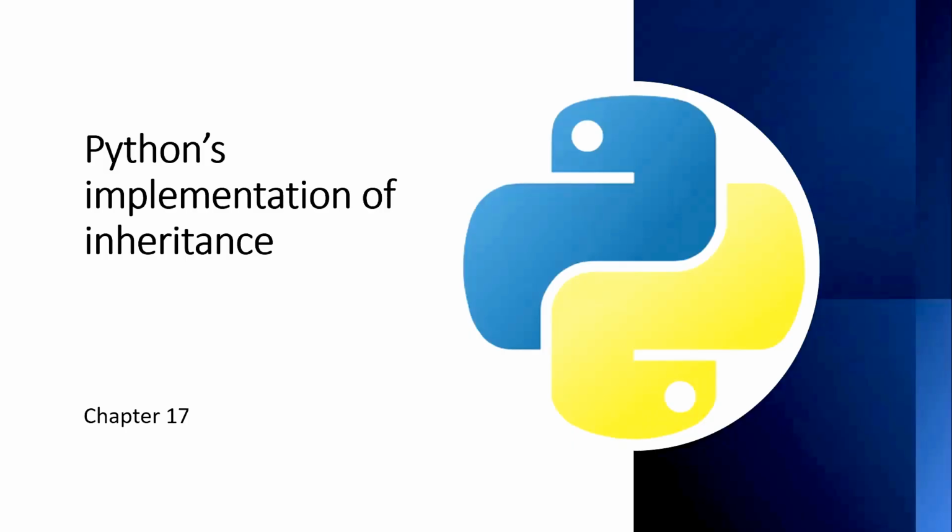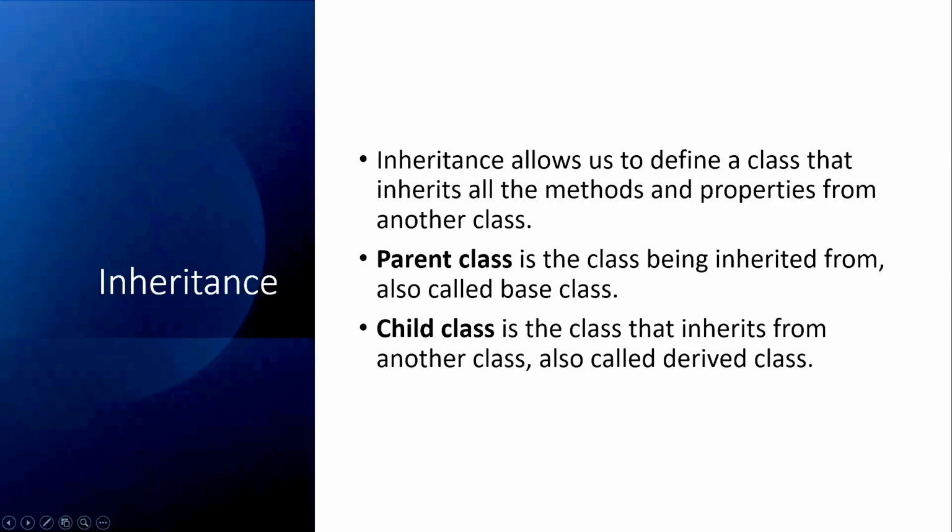So, Python implementation of inheritance. Inheritance allows us to define a class that inherits all its methods and properties from another class. So when you talk about inheritance, you talk about a parent class and a child class.